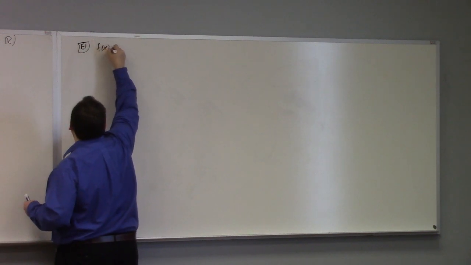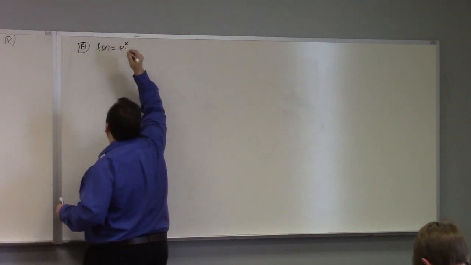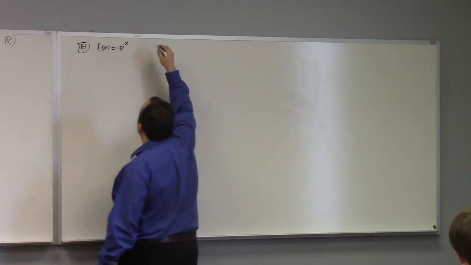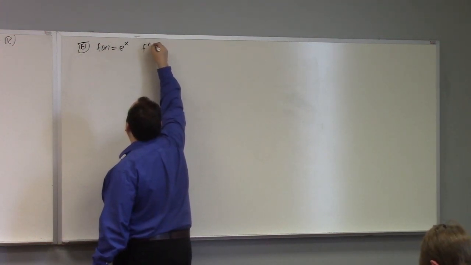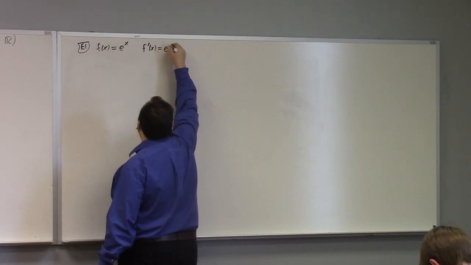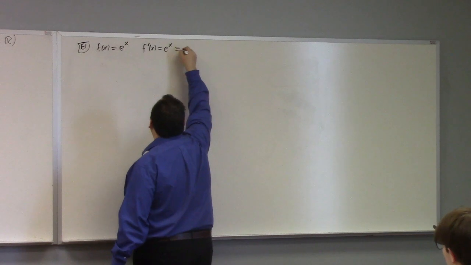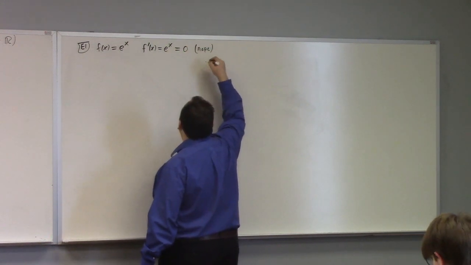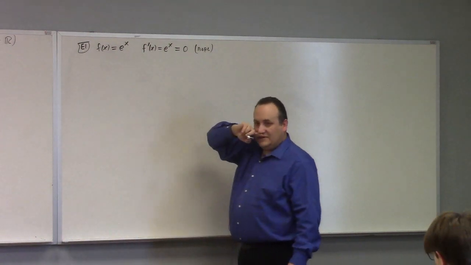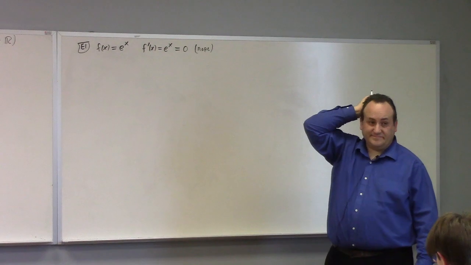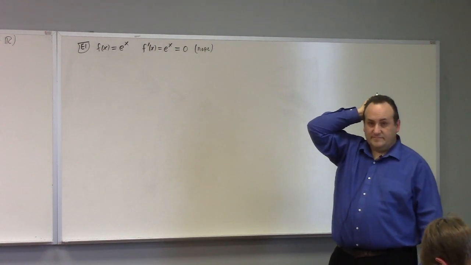f of x equals e to the x. All right? So if we calculate f prime of x, what do we got? e to the x. Is that equal to 0? Nope. Never, right? No such x. What's the critical number for the exponential? Nada.